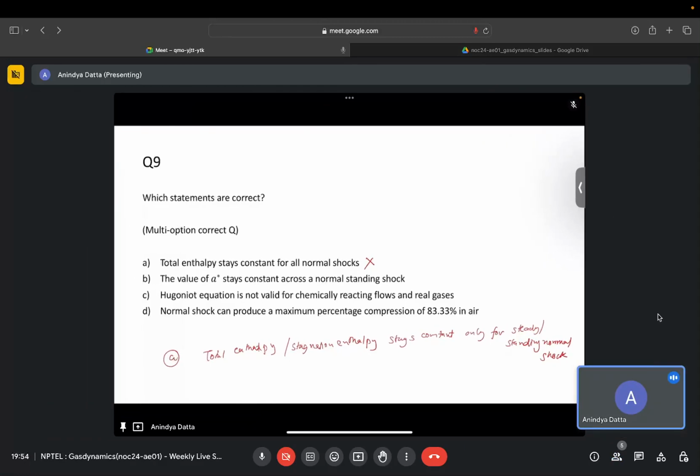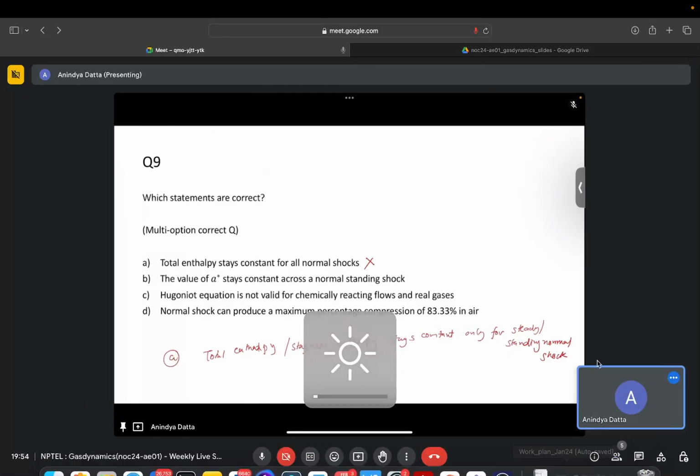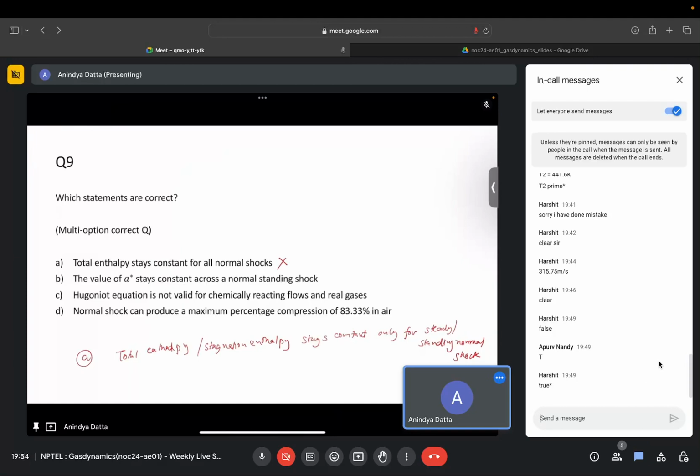Moving on, next statement B: the value of A star stays constant across a normal standing shock. Yes, this is true, because a standing normal shock means a steady flow and the flow is adiabatic. If the flow is adiabatic, A star stays constant.